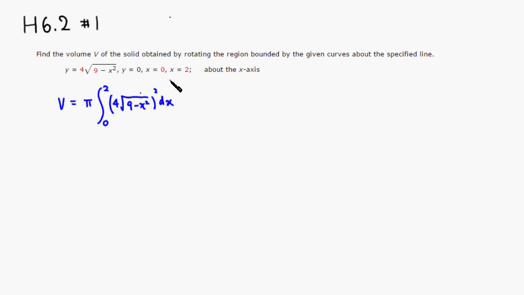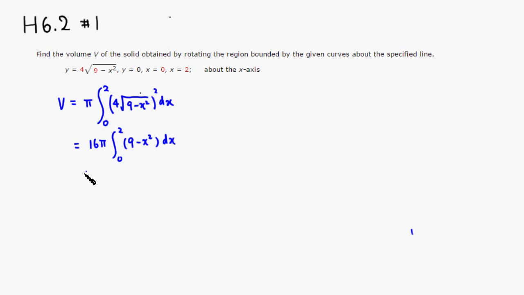If you multiply it out, 4 squared is 16, so I'll put 16 outside with pi. Then you have the integral from 0 to 2, and the square root is gone, so you have 9 minus x squared with respect to x.